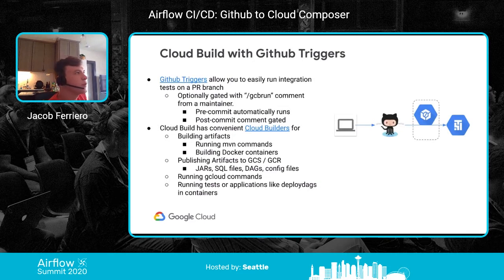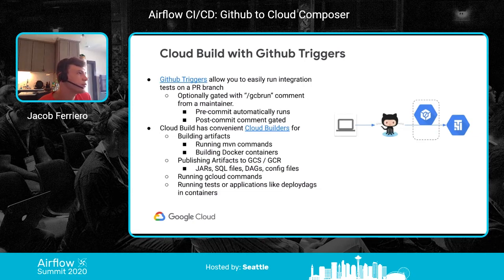So what is the workflow going to look like? We will use GitHub triggers to run our unit and integration tests as soon as someone opens a PR, and this pre-commit automatically runs. And then the post-commit, which is going to actually deploy all of the DAGs to a CI Composer environment, is gated on this GCB run comment.